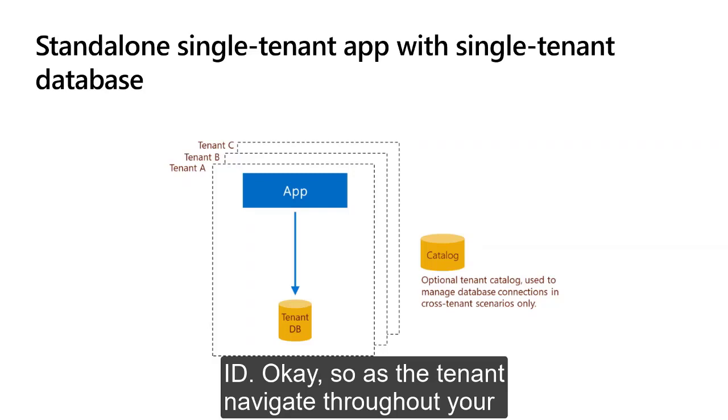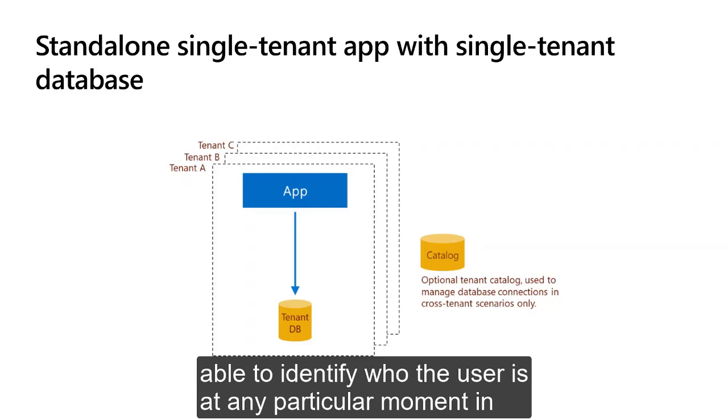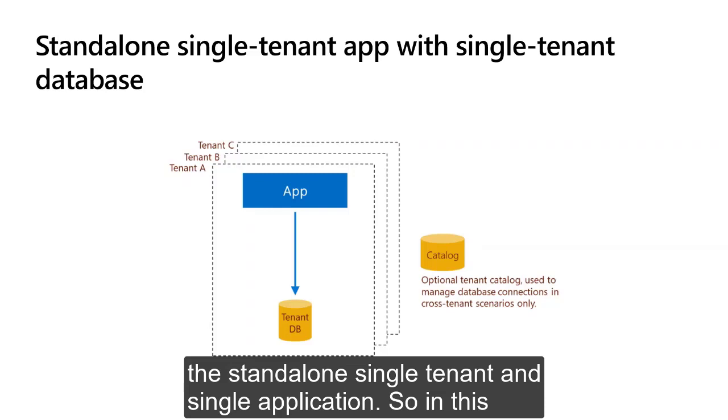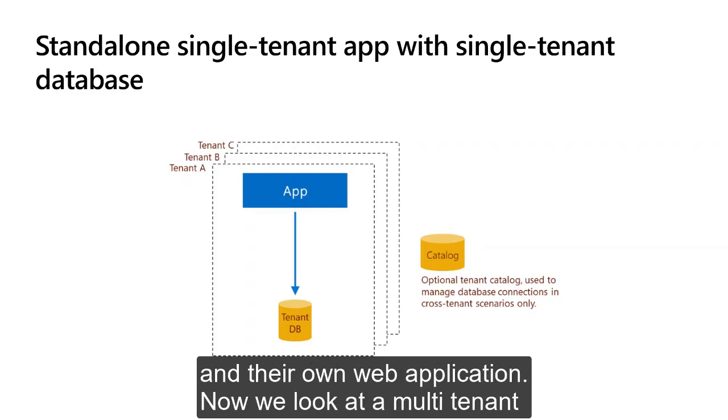As the tenant navigates throughout your software, one thing that's incredibly important is to be able to identify who the user is at any particular moment in time and what tenant or tenants they have access to. So this is the standalone single tenant and single application. In this scenario, the tenant would be provisioned their own database and their own web application.